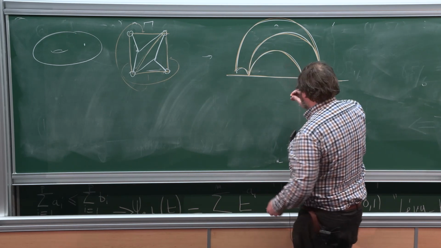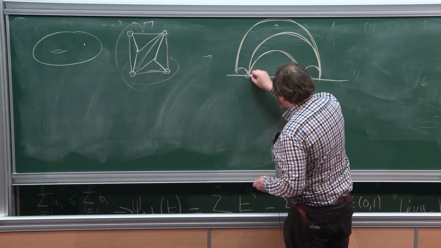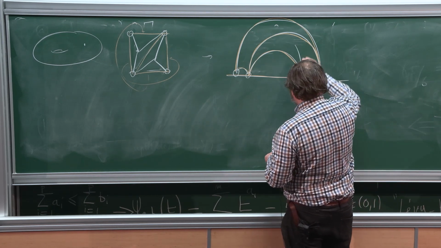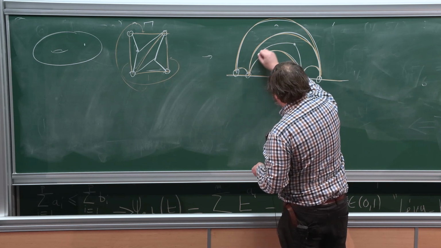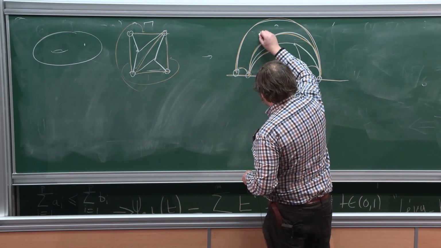And you get infinitely many points. And so the bipartite graph will be like that.